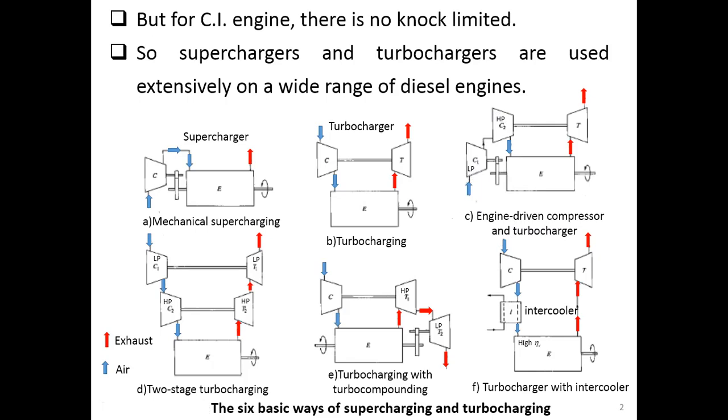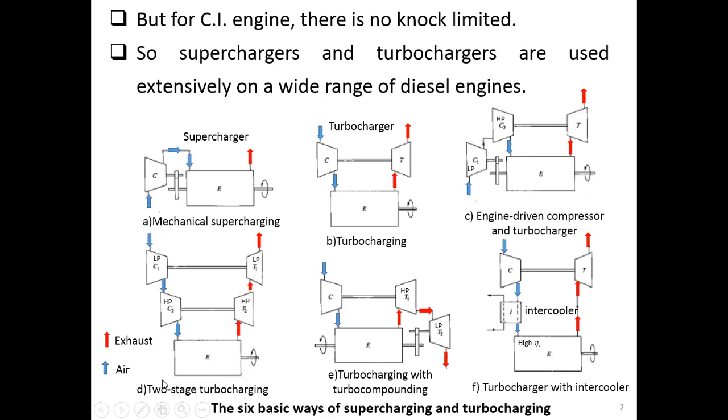The second compressor is a high pressure compressor, which receives the work from the turbine, where the turbine can deliver the work to the compressor because of the exhaust flow from the engine. So the engine-driven compressor and turbocharger consists of one compressor driven by the engine, and another, high pressure compressor driven by the turbine.